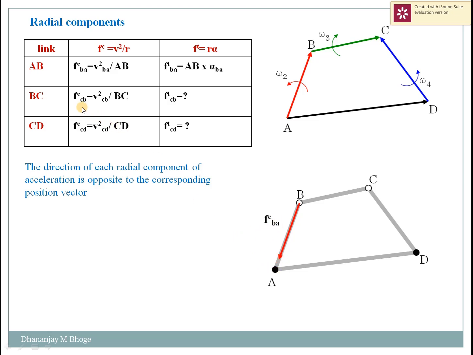For link BC, FCCB, C rotates about B, so its radial acceleration will be directed from C to B. And for FCCD, C rotates about D, so its radial acceleration will be directed from C to D. This is FCCD. So the magnitudes of all these vectors are mentioned in the table and directions are mentioned in this diagram. We have to simply plot these vectors in the acceleration polygon in the given directions and of this much length.